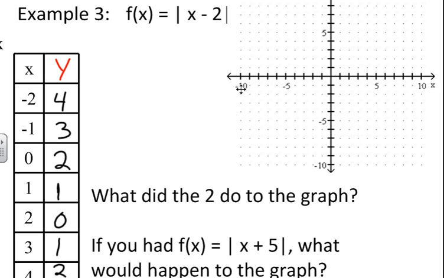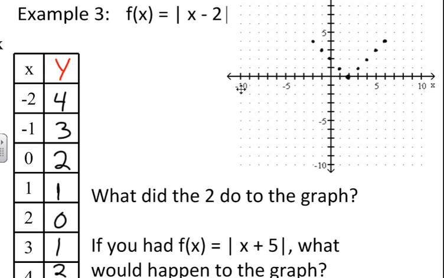So 2, 0 is right here. 1, 1. 0, 2. Negative 1, 3. Negative 2, 4. 3, 1. 4, 2. 5, 3.